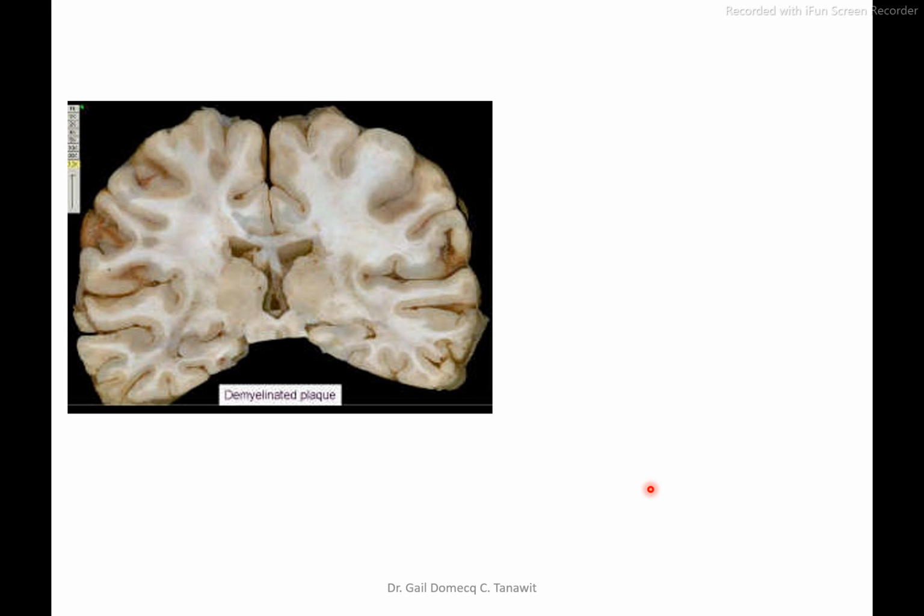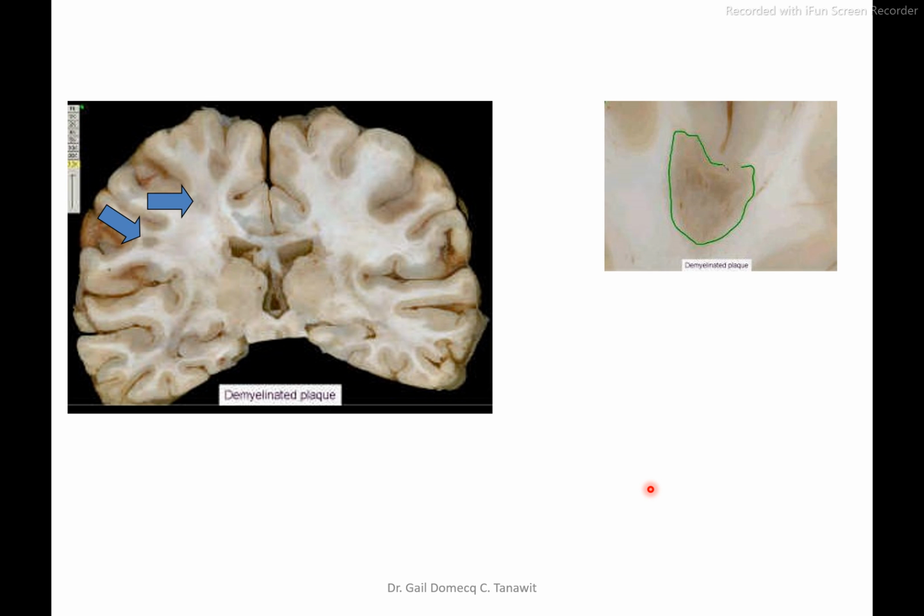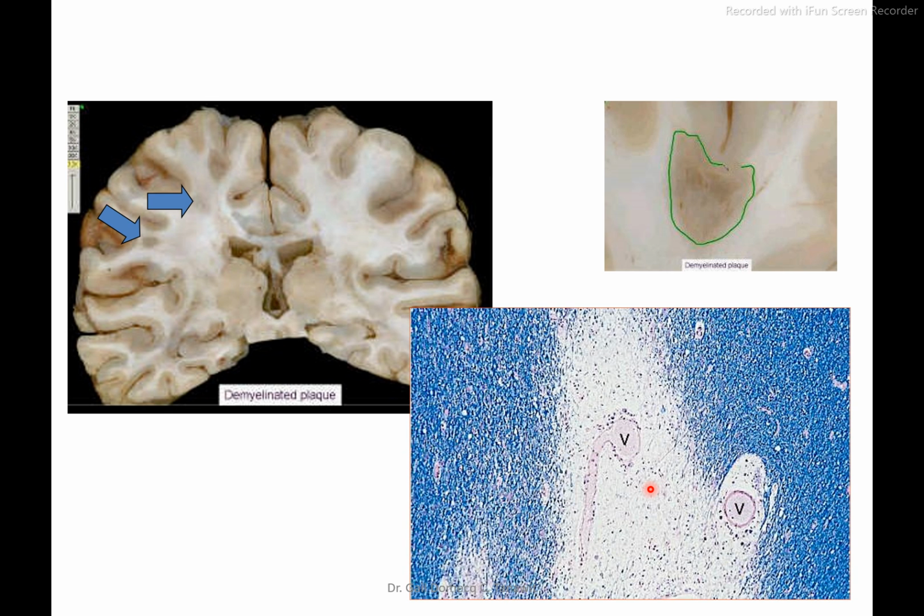So we have subtle changes in here. As pointed by the arrow, those are your sclerosis. Sclerosis, ang namamatay, di ba? When you say sclerosis. We have a higher magnification here, demyelinated plaques, and this is a histopathologic section.